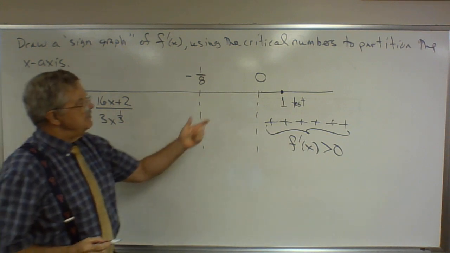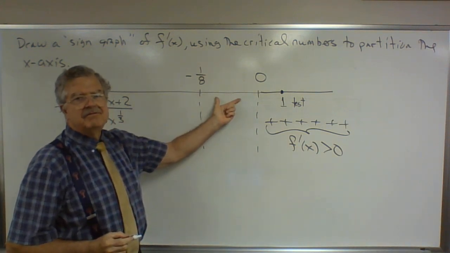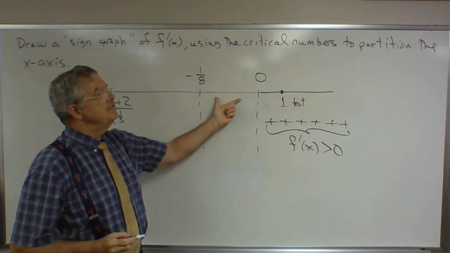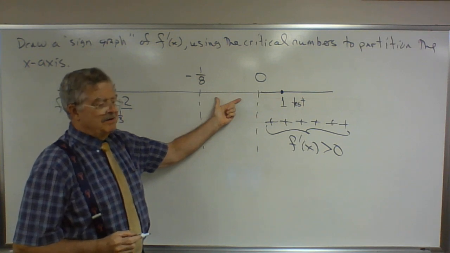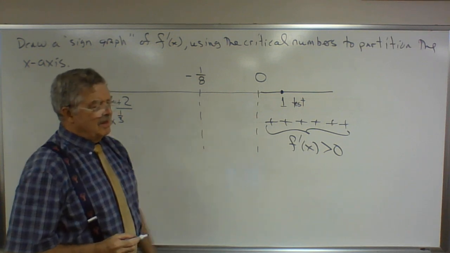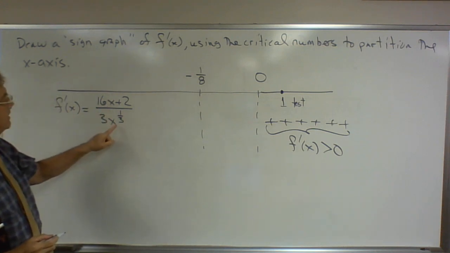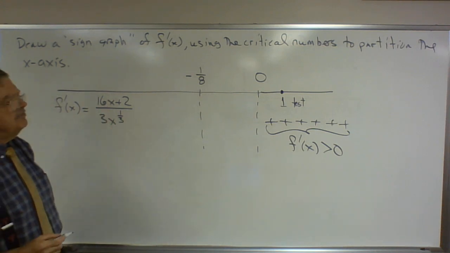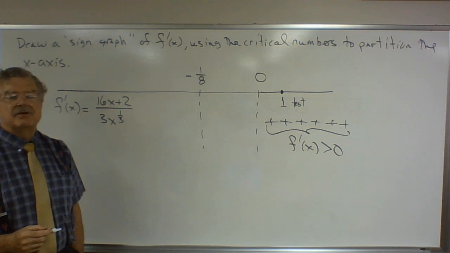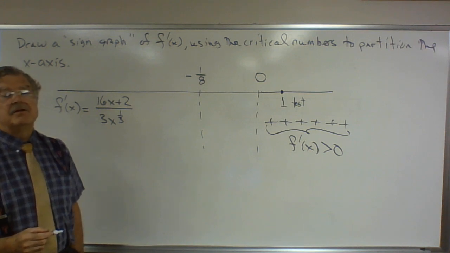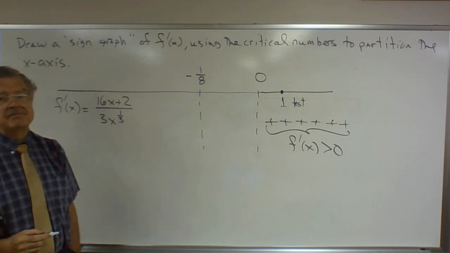In this interval, we've got to be very, very prudent as to how we choose our test value. We have to plug it in here and here. So our test value should be something that we can easily compute the cube root of.